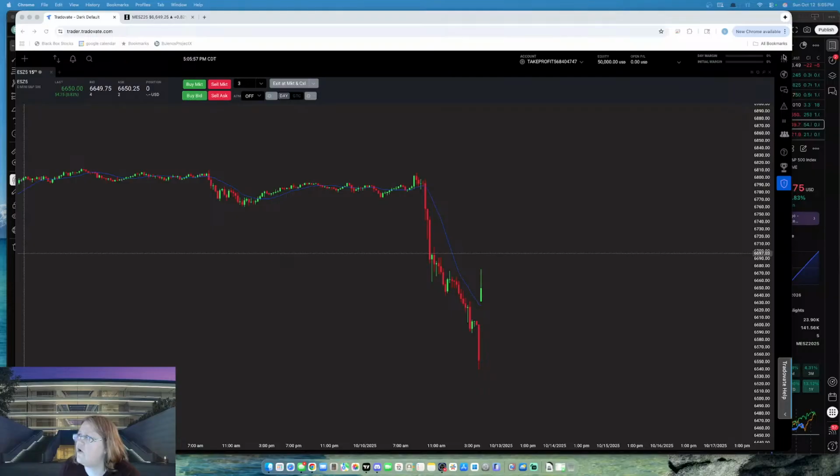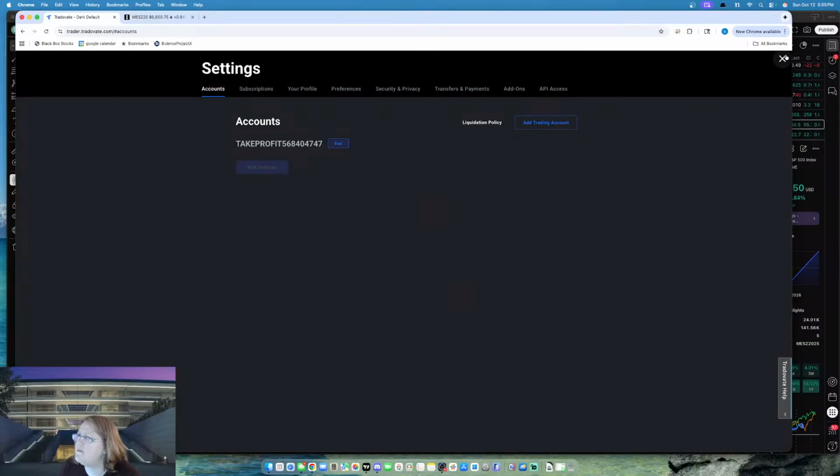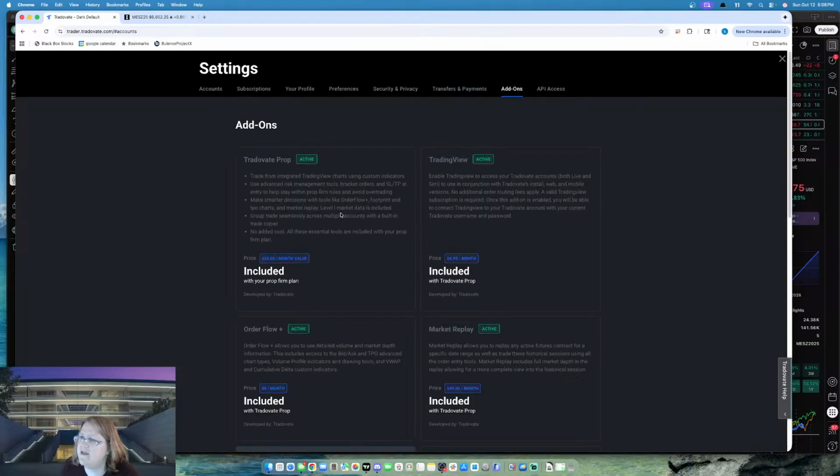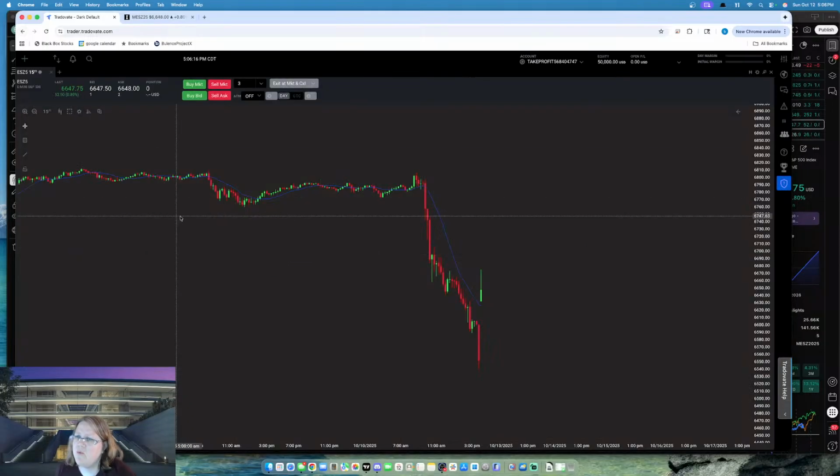It says trade from integrated TradingView charts, but it's no different than what Trade was. These charts are not different. It makes no sense to me.